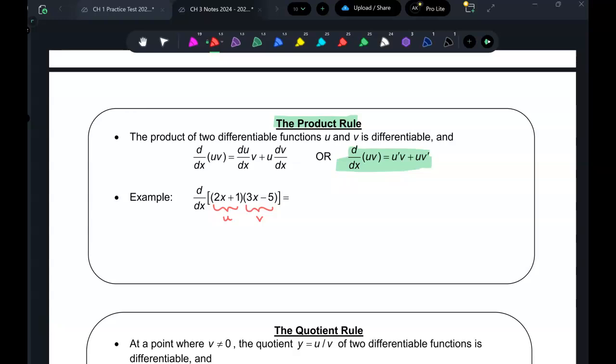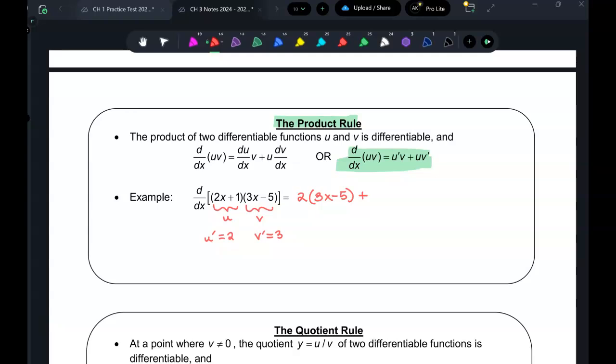Now, what would U prime be if U is 2x plus 1? 2. And what would V prime be? 3. Yes. Now we're going to apply our product rule. The derivative of the first part is 2, times 3x minus 5.